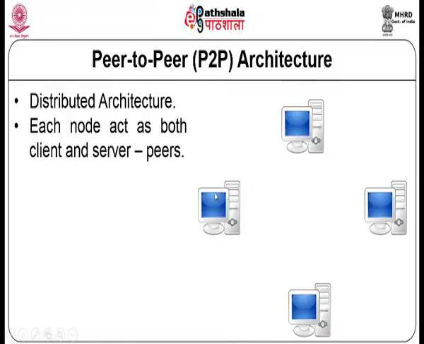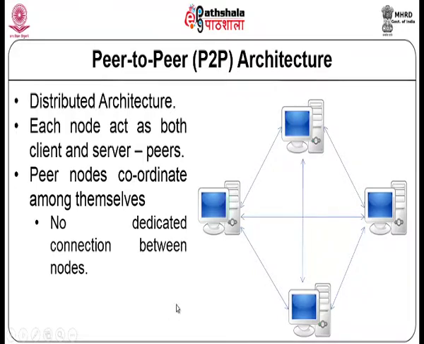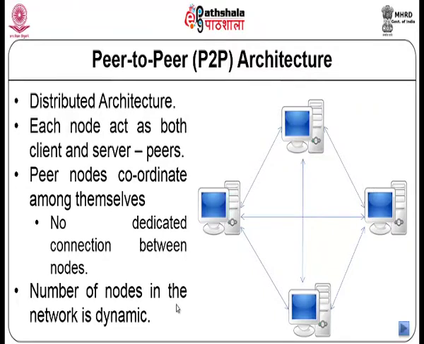It can act either as a client or as a server. So, how do they communicate? They will coordinate among themselves. There are various methods that have been developed for this coordination. They will make sure that the data is available. There is no dedicated connection between these nodes. And the most important part of having a P2P service is that the number of nodes is dynamic.